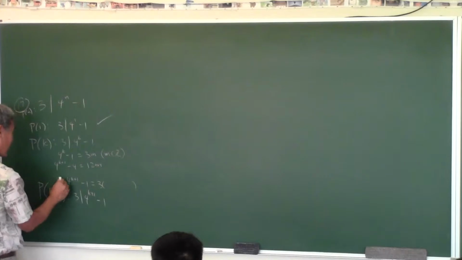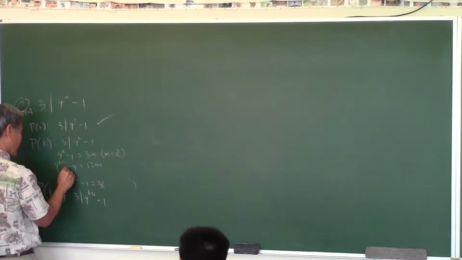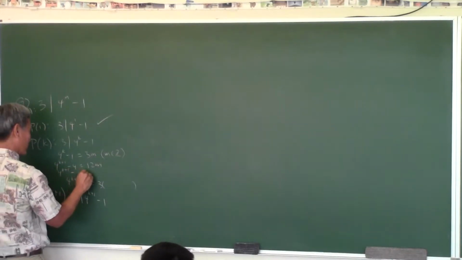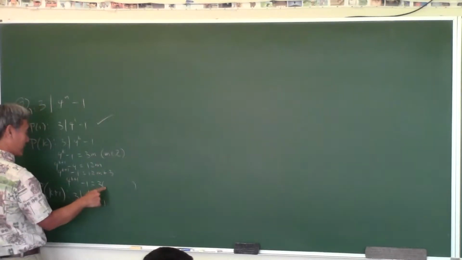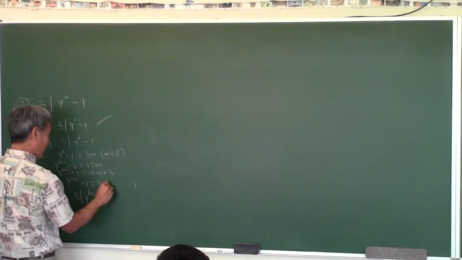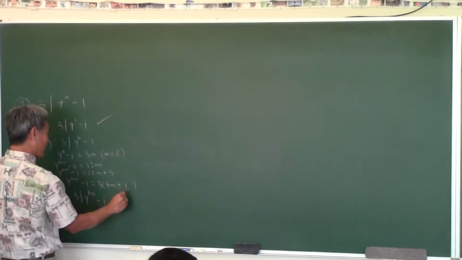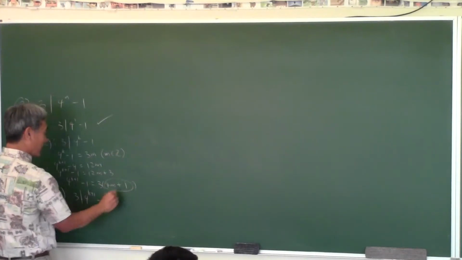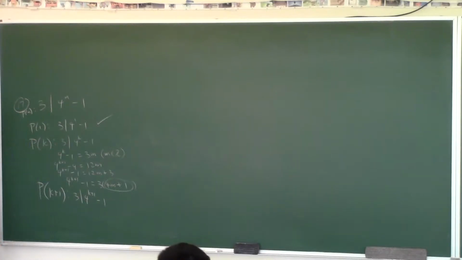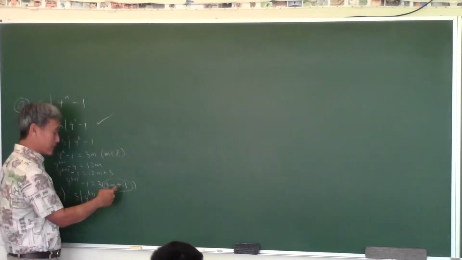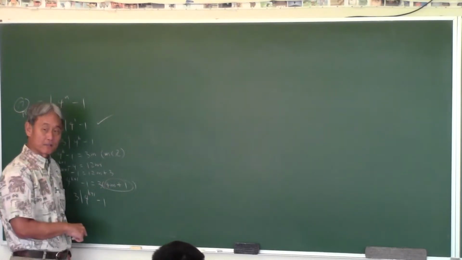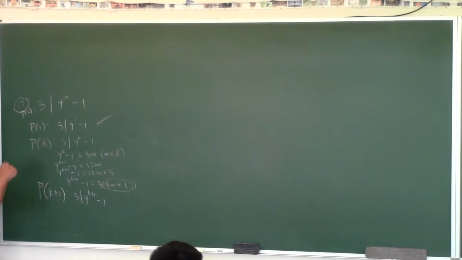Add 3 to both sides. So 4 to the k plus 1 minus 1 is equal to 12m plus 3. And is that equal to 3 times some integer? Yeah, 4m plus 1, because if m is an integer, then 4m plus 1 is also an integer. The set of integers is closed under addition and multiplication, right? And there you go, there's your proof.